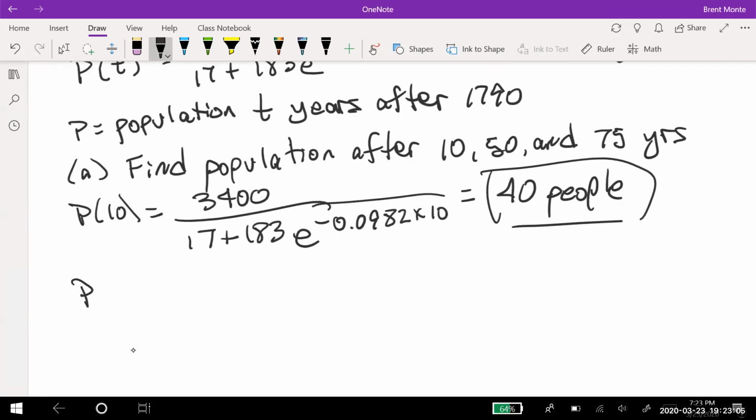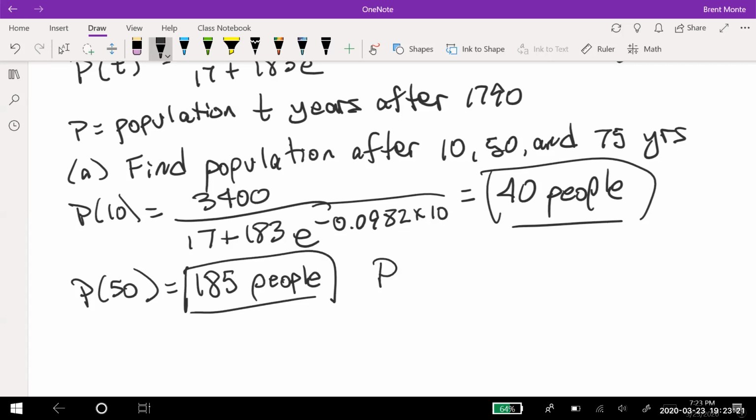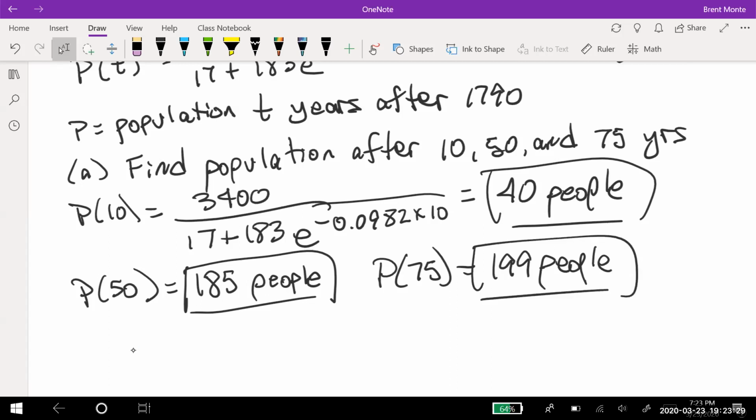Then P of 50, I'm not going to rewrite everything, but we're at 185 people. And then P of 75 years, we're up to 199 people. All right, so that's part A.